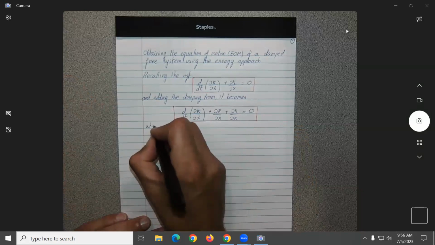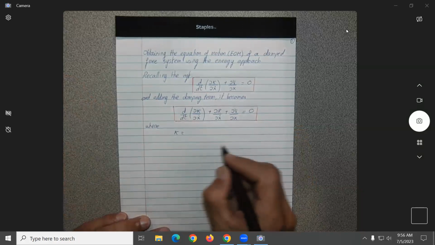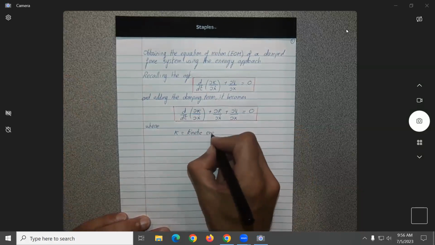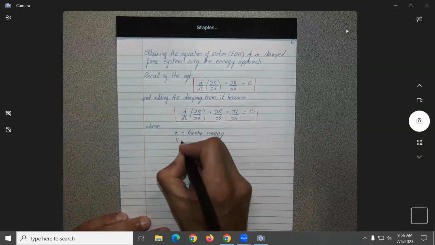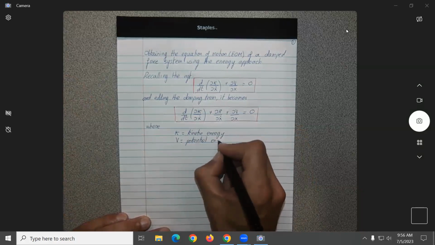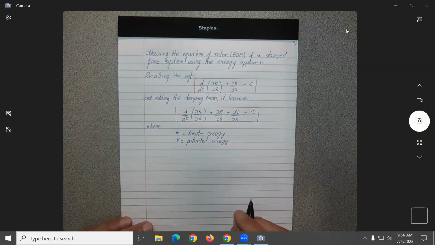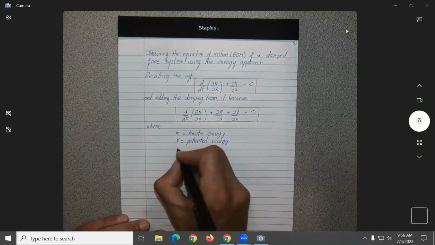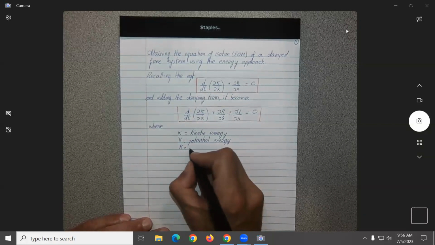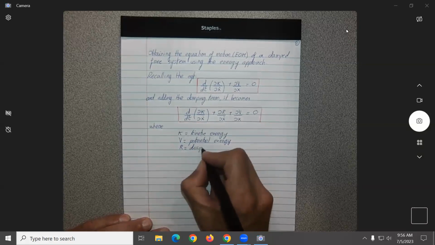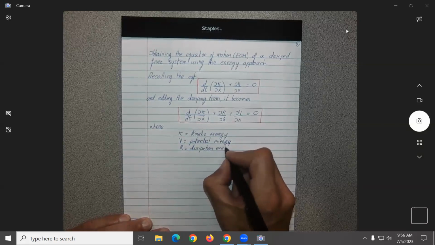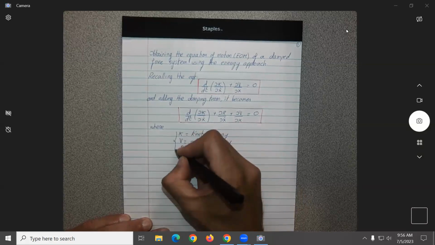Okay, in this equation, we know K is the kinetic energy, V is the potential energy, and R is the dissipation energy.